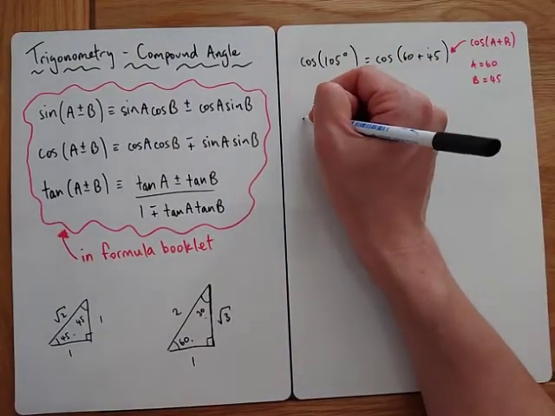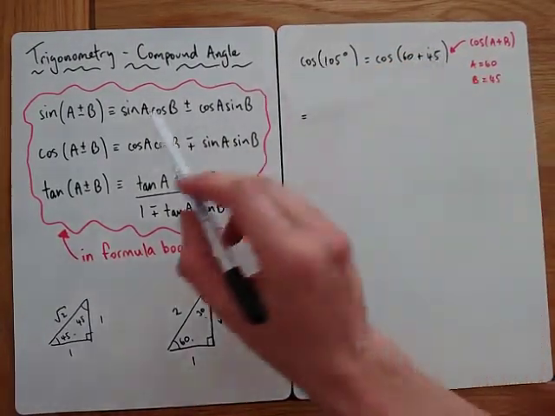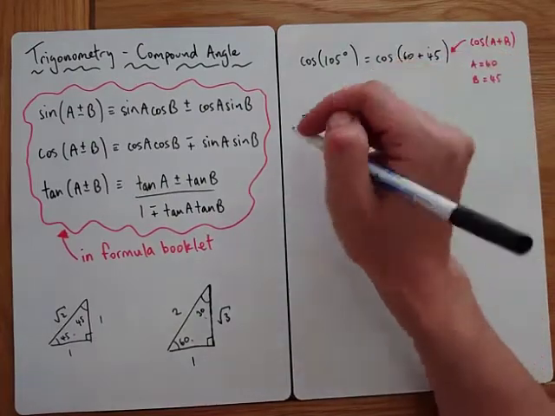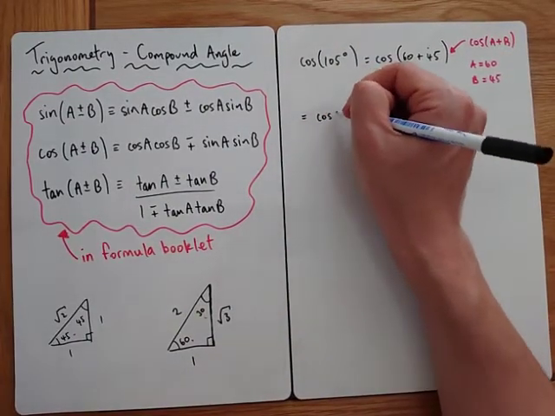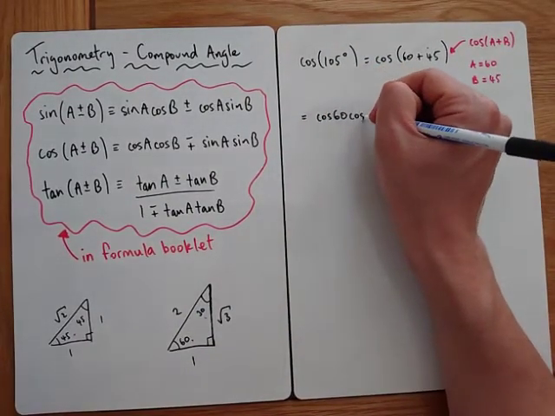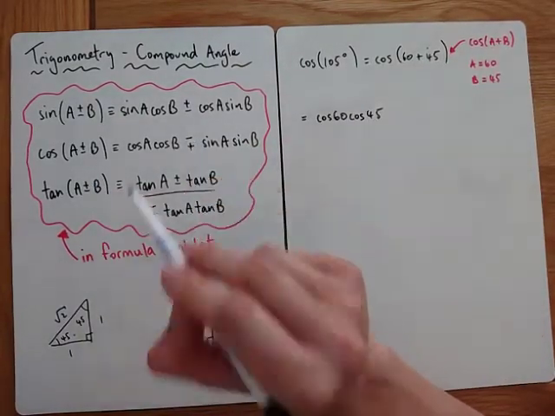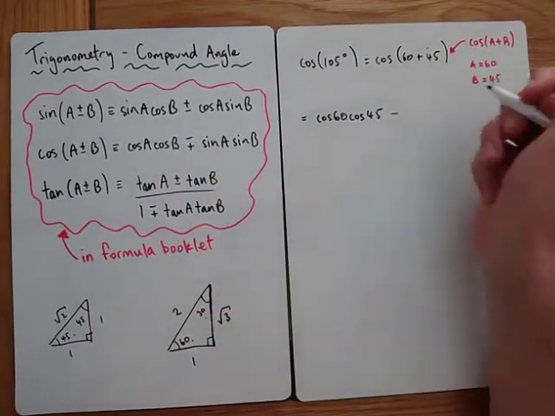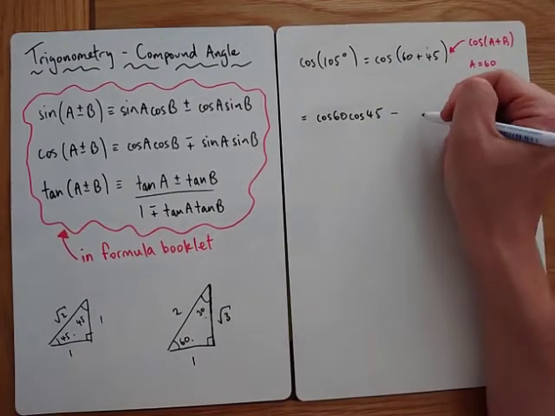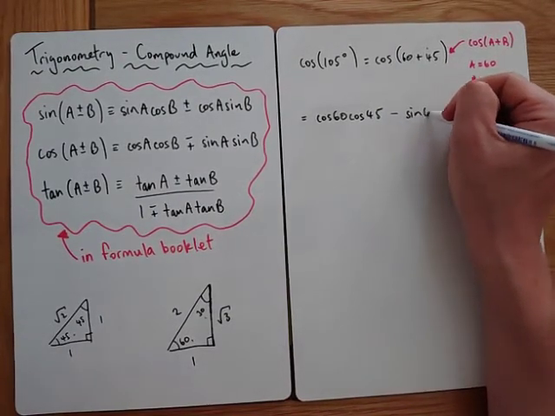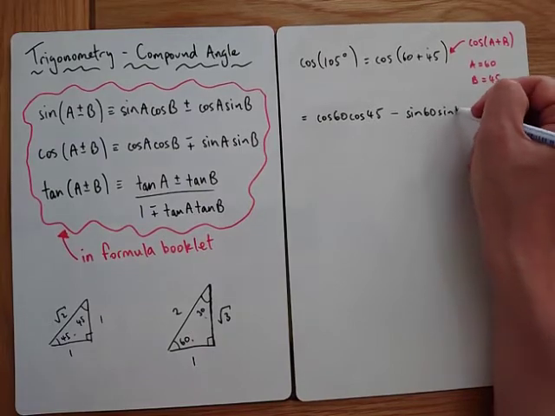So we could write this as cos a plus b, cos a cos b, so cos 60, cos 45. Be careful here, plus becomes minus for this identity. Sin a sin b, so sin 60, sin 45.